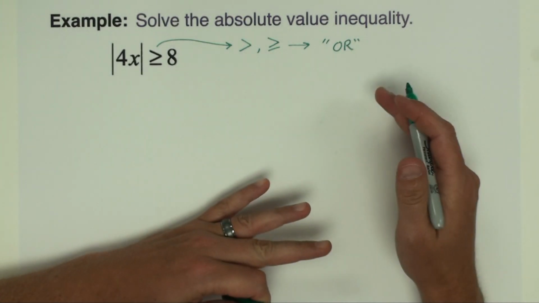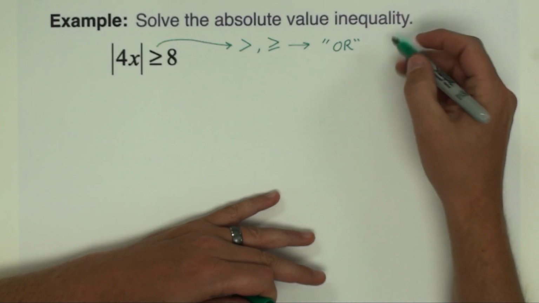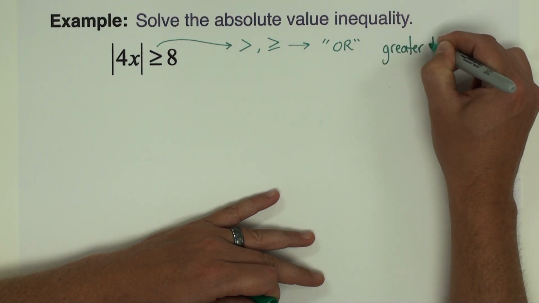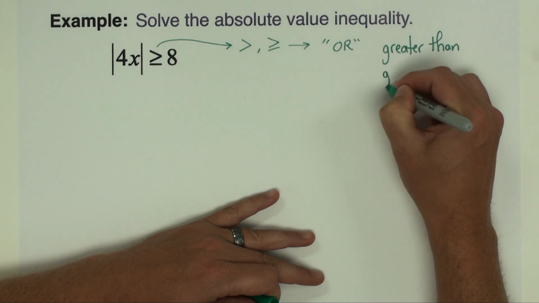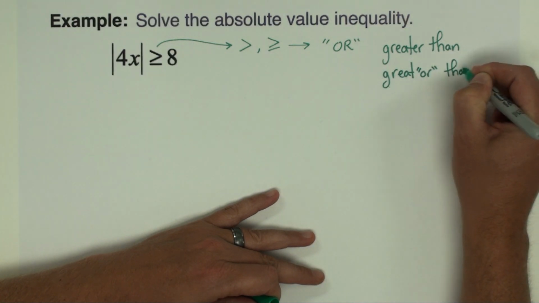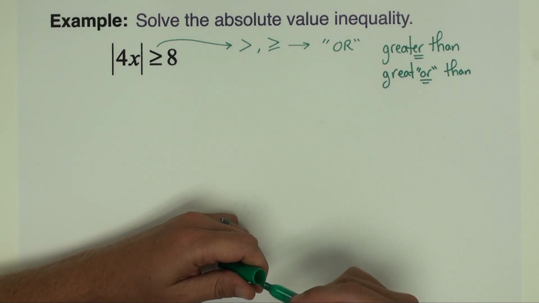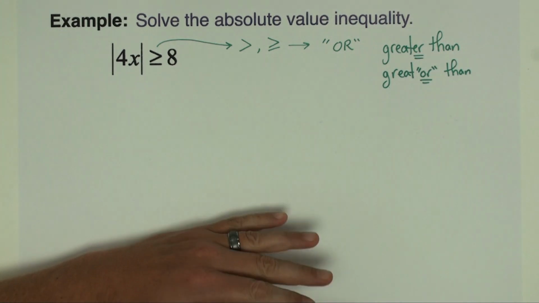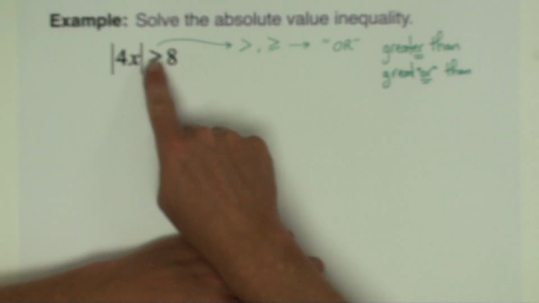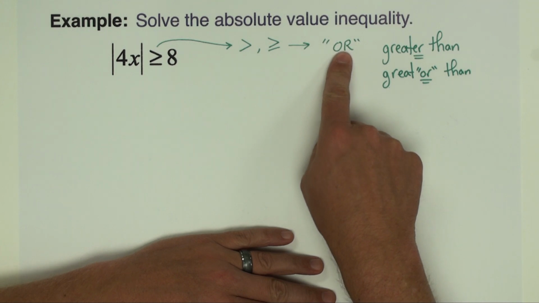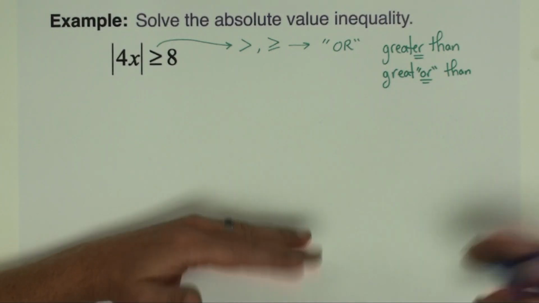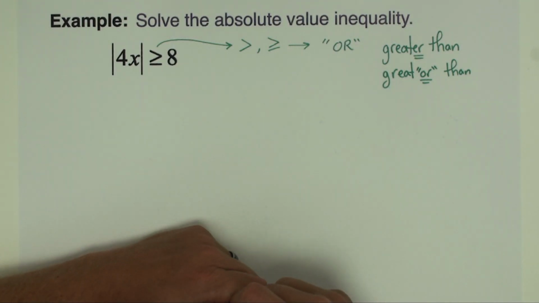I always remember this, and explain it in person in class, as this is a greater than, and I think of it as a "great-or than." If I sound it out real specific like that, it helps me remember that when I see greater than, it's going to turn into an or statement. And then of course, if I see less than, it's the other one. It's going to be my and statement in that case.